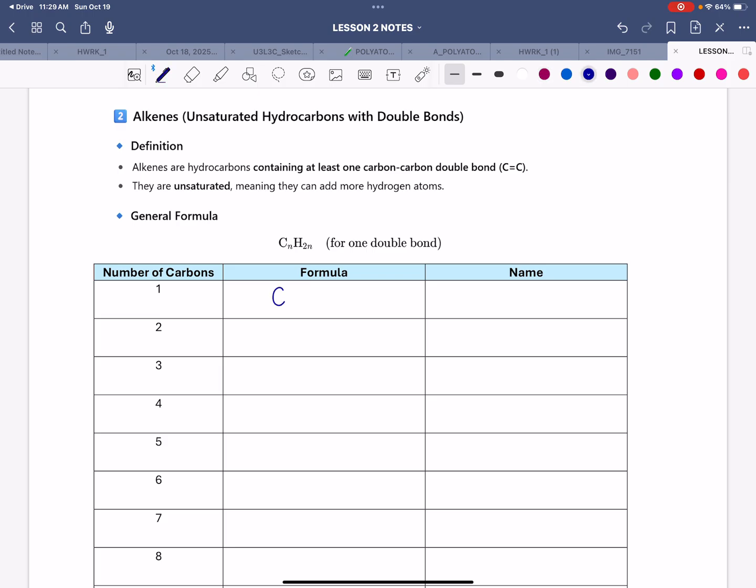So if you have one carbon, that's 1 times 2. Next, we have 2 carbons, so we have H, and then 2 times 2, 4.